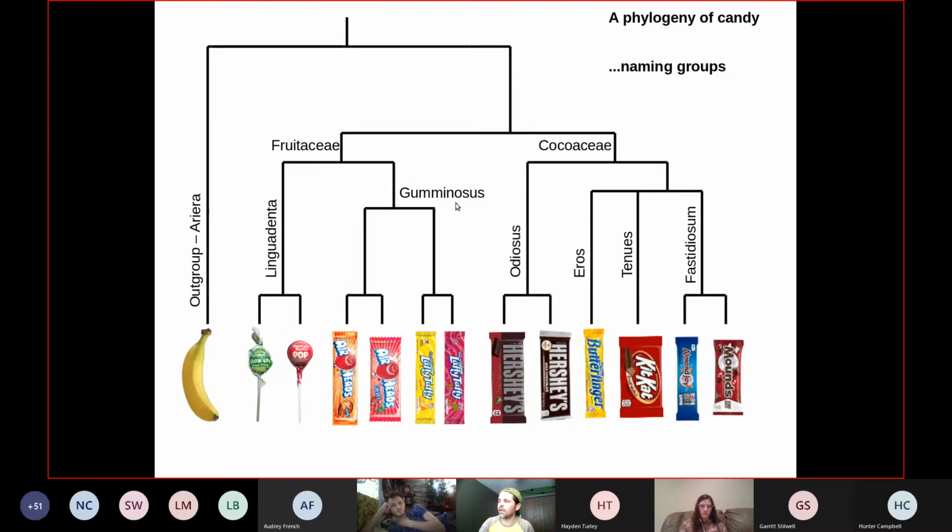I could have the Guminosus Clade, and that would refer to Airheads and Laffy Taffy. So the term clade just refers to some branch point and everything downstream of it. Kind of depends on what level you want to talk about.